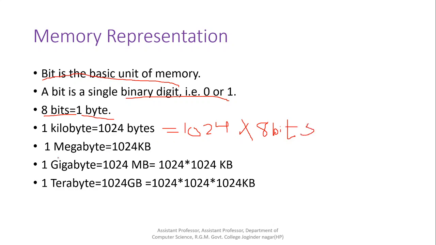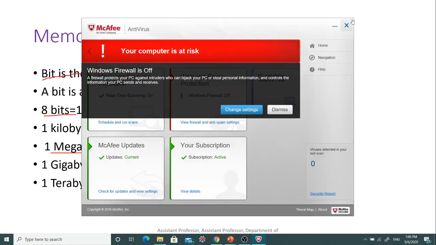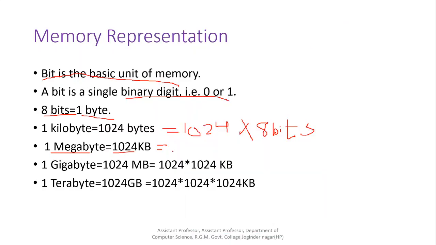Similarly, we have 1 megabyte, that is 1 MB, and it is equivalent to 1024 kilobytes. If we want to convert this into the number of bits, it is also simple. Firstly we have 1024, and 1 kilobyte is how many bits?